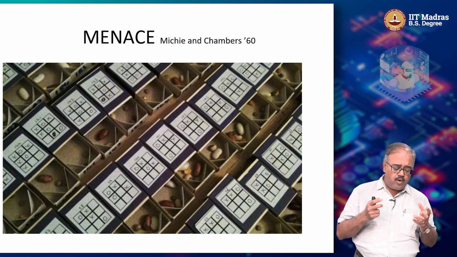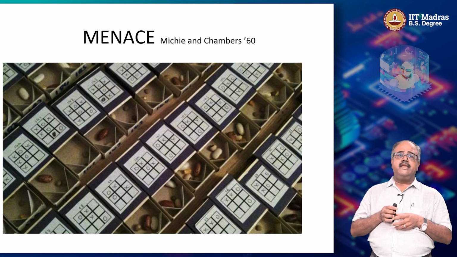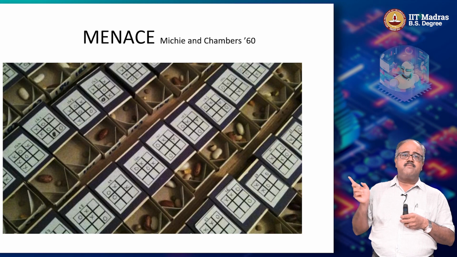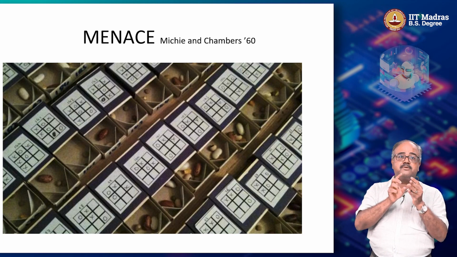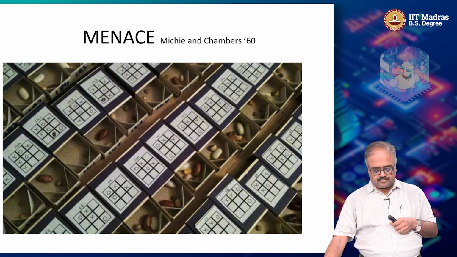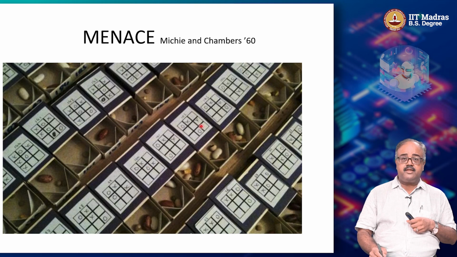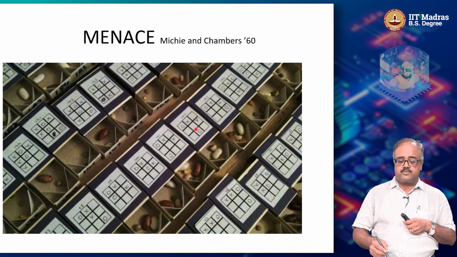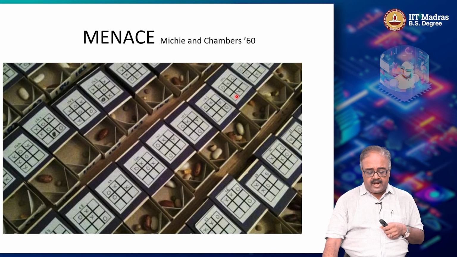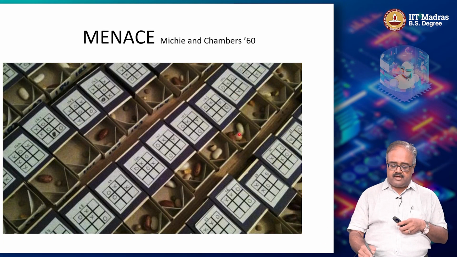So what does Menace do? If you look at it, each matchbox has a position drawn on it. Each matchbox corresponds to a different position of the game, and inside each matchbox you have different colored beads.